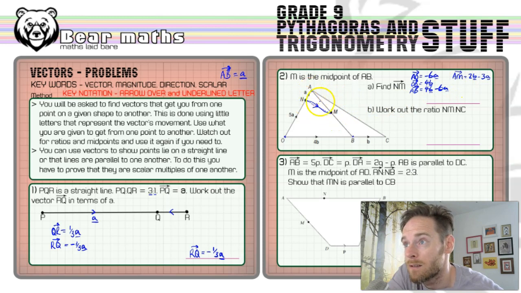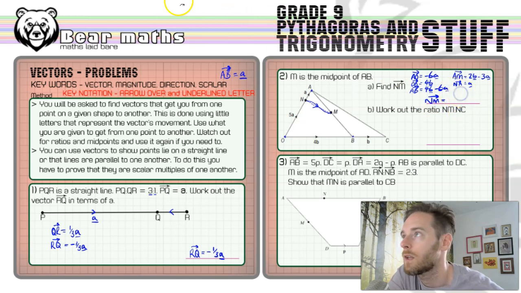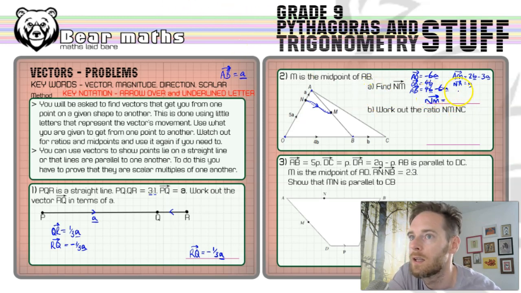Now we can get from N to M, because we know what N to A is and then A to M is. So N to A is a, so let's write that down, N to A equals a. And then A to M is this, we've already got it, so we're just going to collect those together. So that's going to be N to M, and that's the one we wanted. N to M equals, and see what I mean, it takes a few steps to get there.